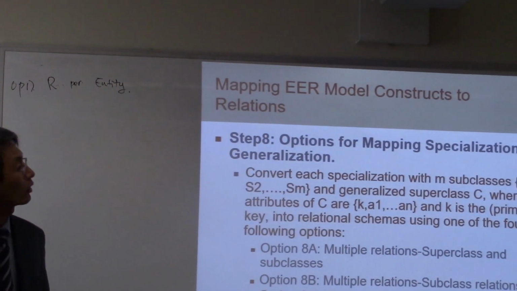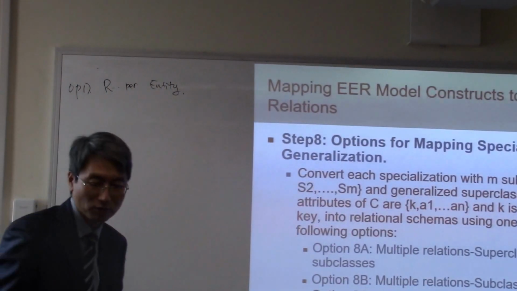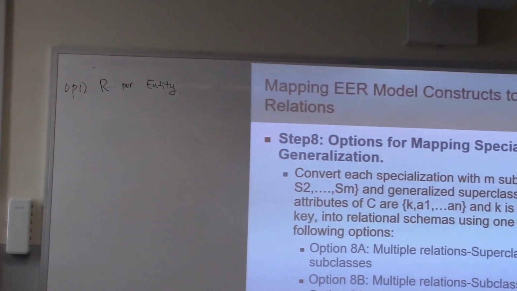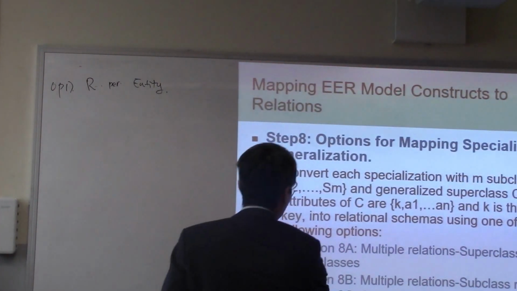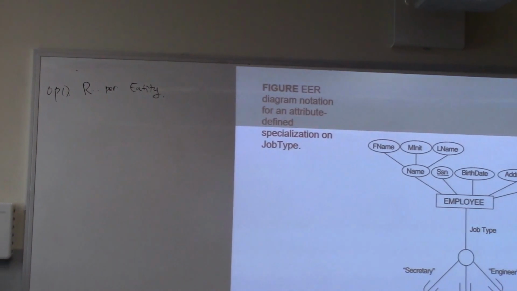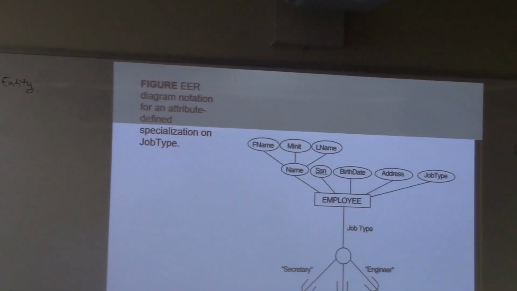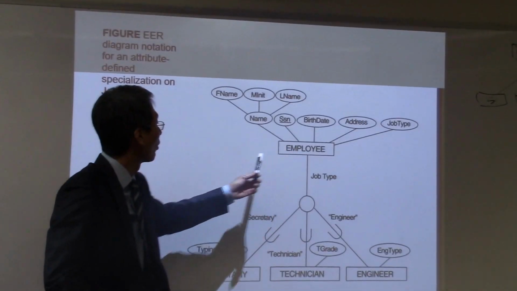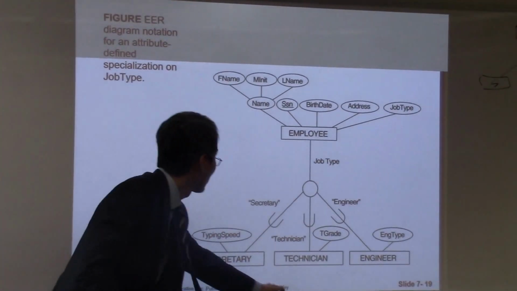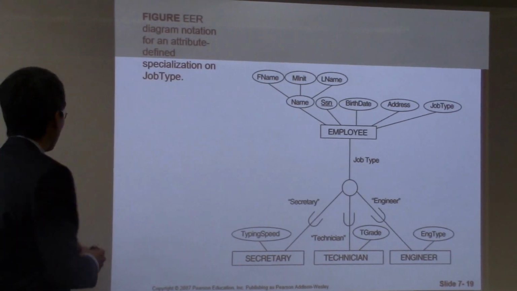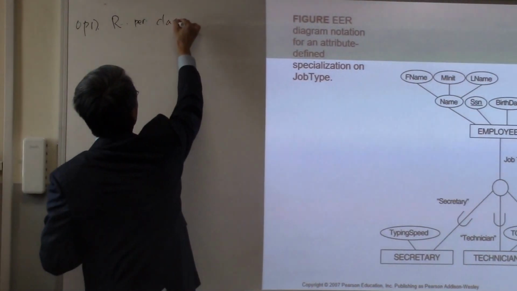One relation per entity, which means in that case, how many? So let's see the example of this one. We are going to use this example for practice. Option 1. So it's not entity, class. Because we have only one entity per class.